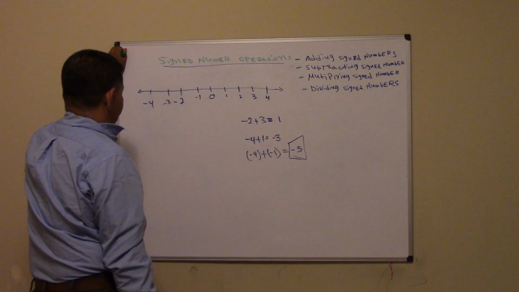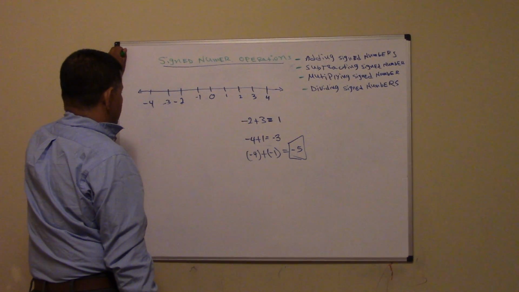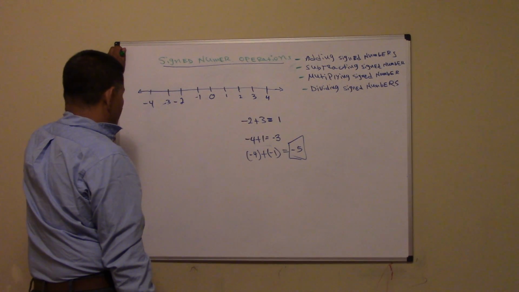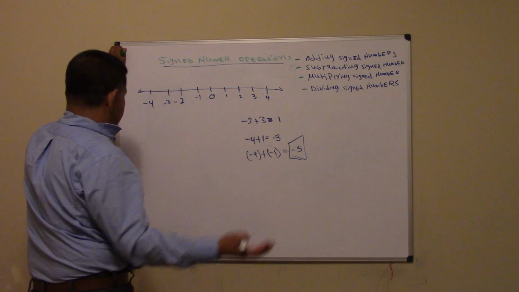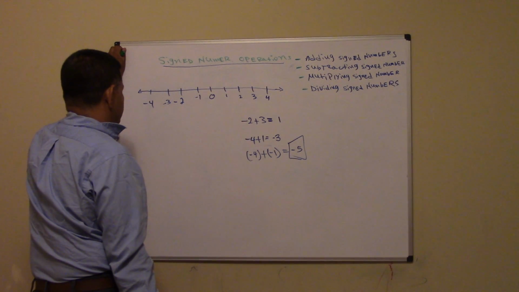So when you add two negative numbers, basically you add like regular numbers.